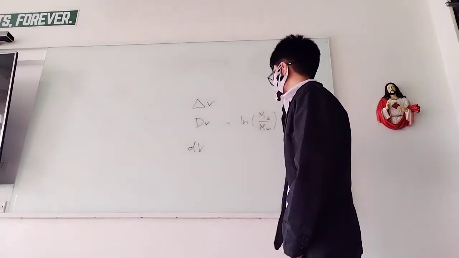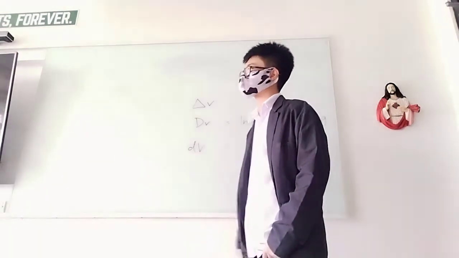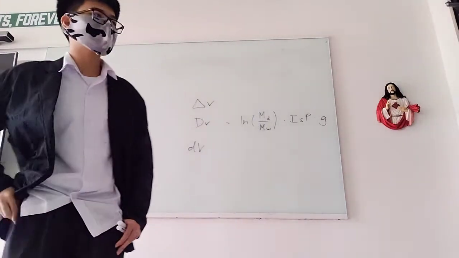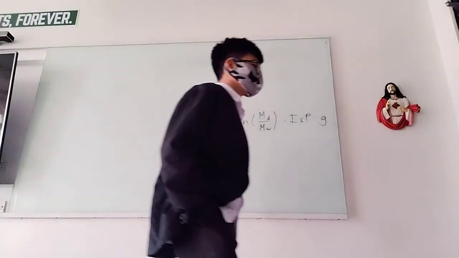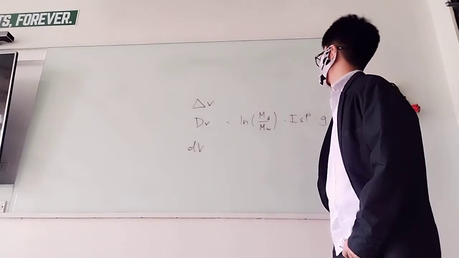So in space warfare, delta V will be very, very important, because we don't have infinite fuel. We only have a limited amount of fuel, and thus only a limited amount of delta velocity that we can change.